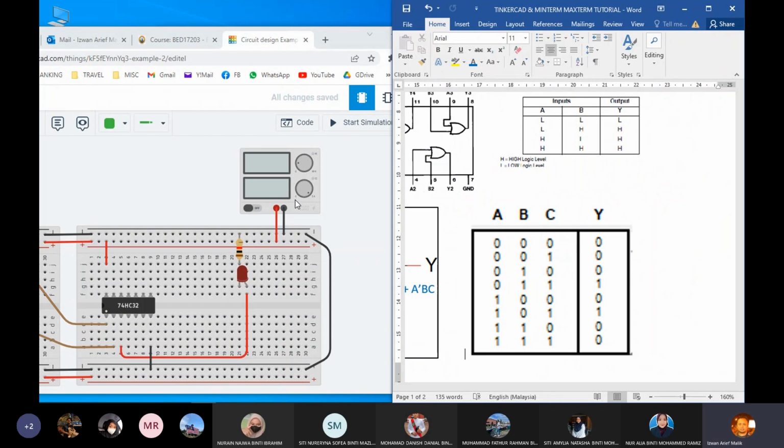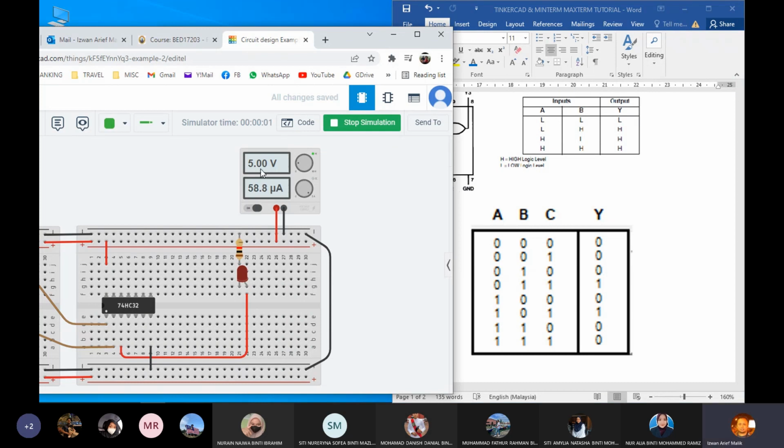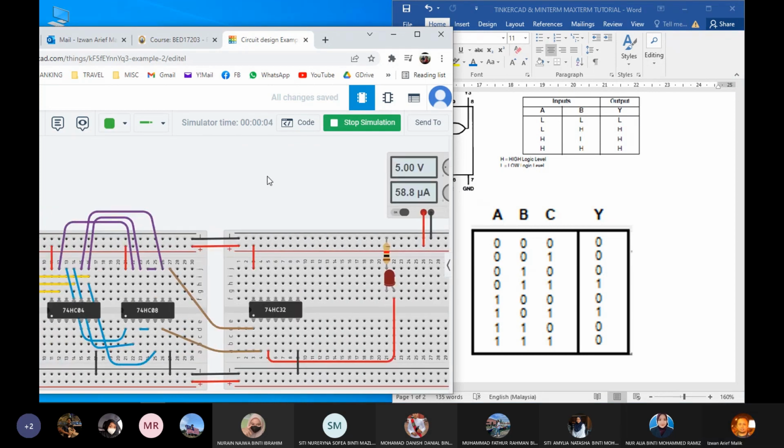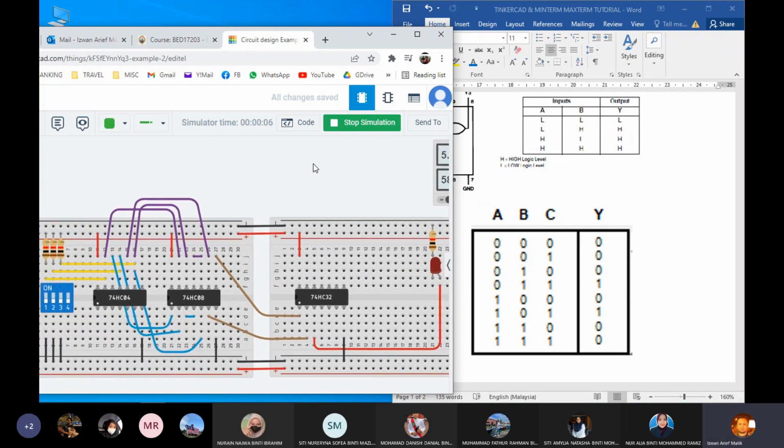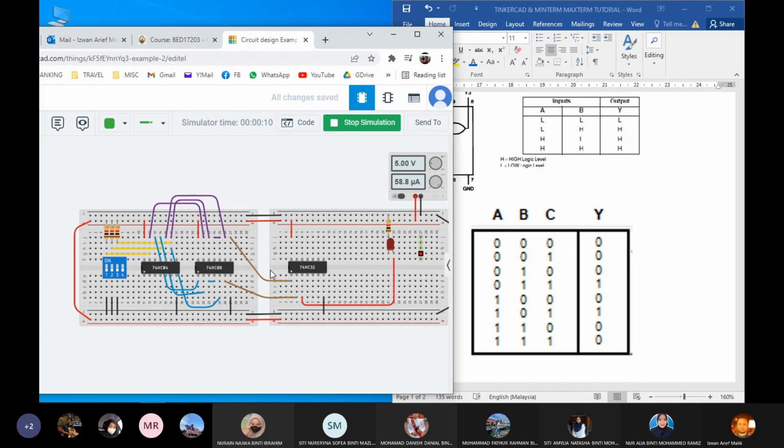Right, so what I have to do is I have to start the simulation. Okay, so it is 5 volt. And then so I'll test. This is 111. Saya switchkan jadi 000.